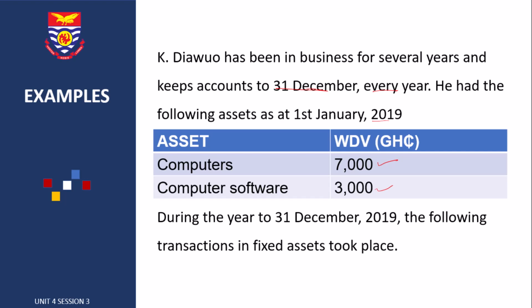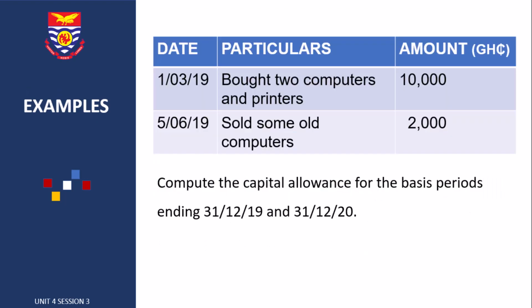During the year to 31st December 2019, the following transactions in fixed assets took place. Bought 2 computers and printers, 10,000. Sold some old computers, 2,000. Compute the capital allowance for the basis period ending 31st December 2019 and 31st December 2020.